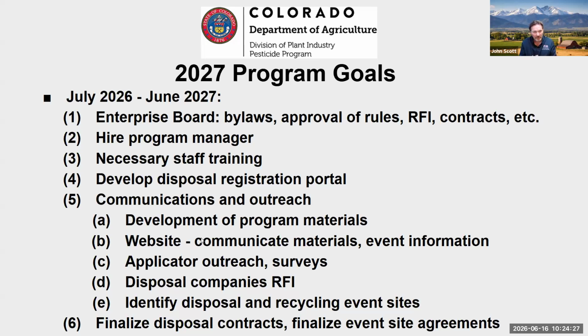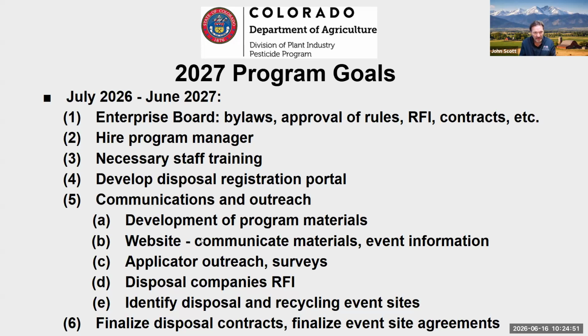Of course, developing our communications and outreach and program materials. Kelby and Trevor, any information that you have that we need to put into our communications and outreach materials, so applicators know and understand what they need to do for future events that we'll be developing.